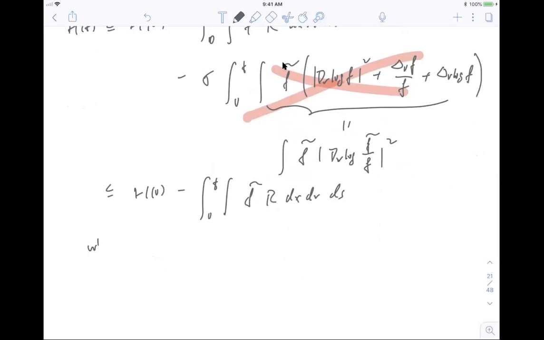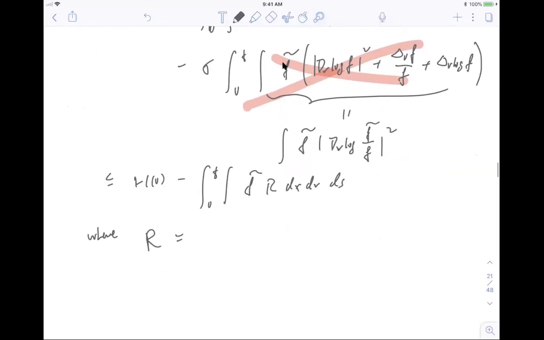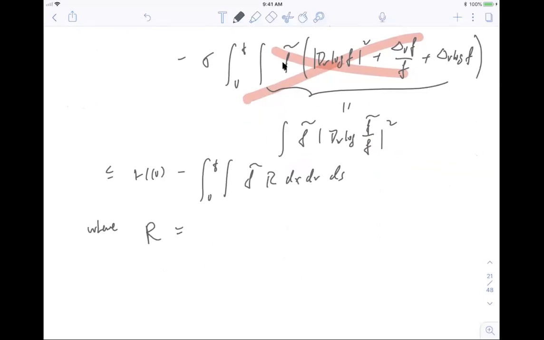Where R is the term which measures the difference in x and v.